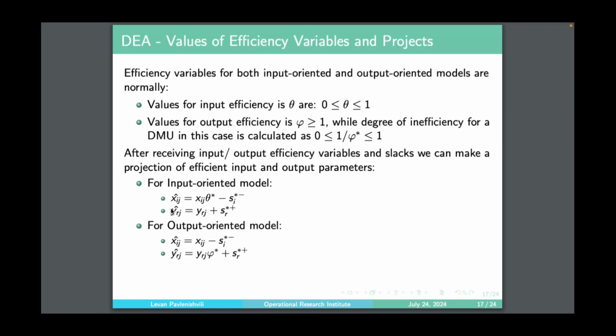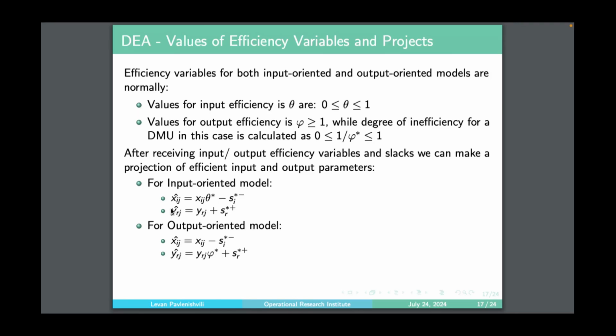They should give you more or less similar results, it just depends on your goal. If your goal is maximizing profits, then it's better to run an output-oriented model, and if your goal is optimizing, having the most efficient inputs in your shops, then you should run an input-oriented model.